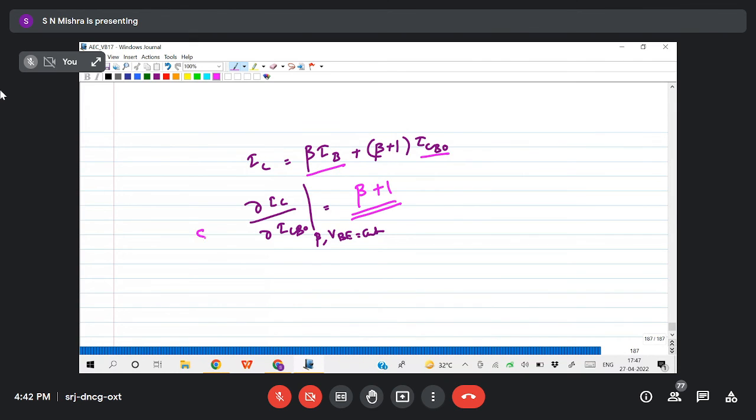So this is your stability factor S. For this example, beta is 75, so the stability factor is 76.